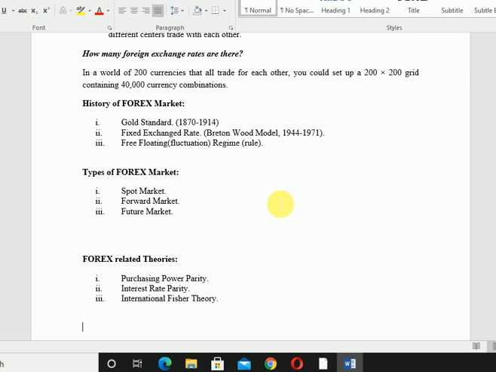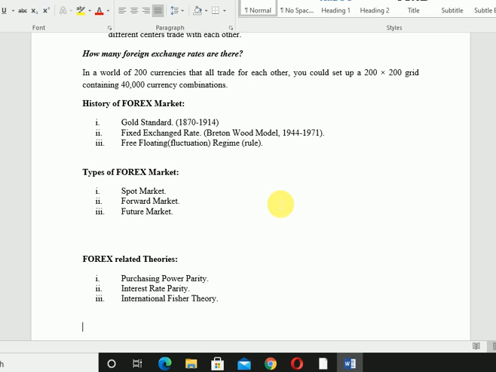Like if me and you are engaged in a credit transaction and we are fixing the exchange rate for the future payments, we will go to the clearing house and sign an agreement there. So this type of market, where the exchange rate is fixed for the future in a standardized way, is called the future market.